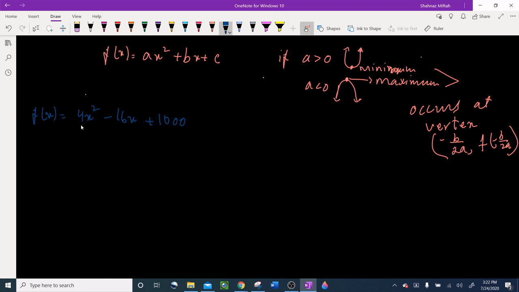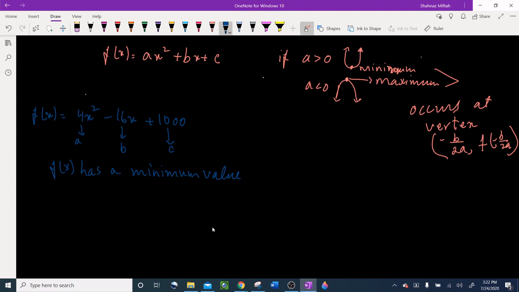You can tell this is A, this is B, and this is my C. According to this information, if A is greater than 0, we have a minimum because it's concave up. This A is greater than 0, so f of x has a minimum value. There you go. Without graphing it, you can tell.